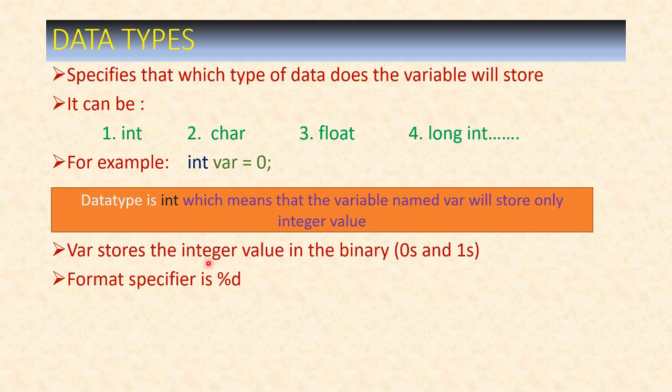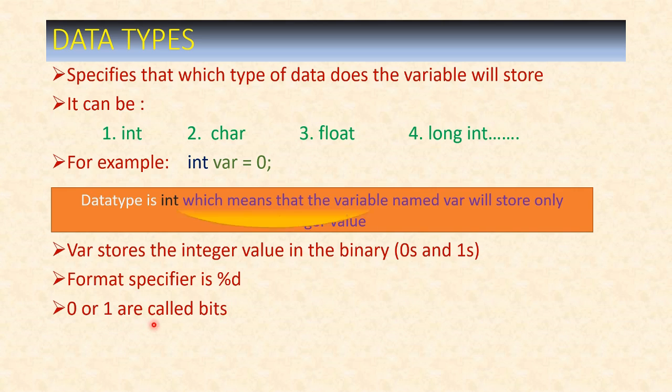Moving forward, we have the format specifier for integer, which is %d, and we have discussed this in the previous tutorials also. And here 0 and 1 are called bits.